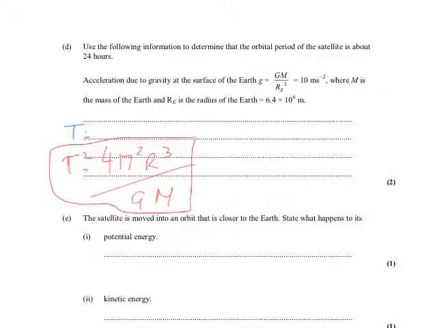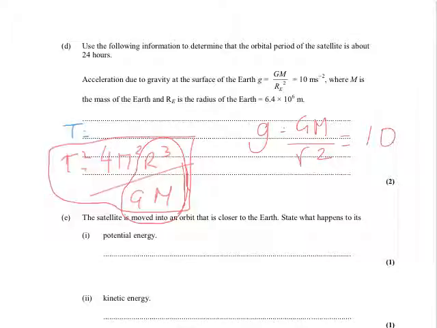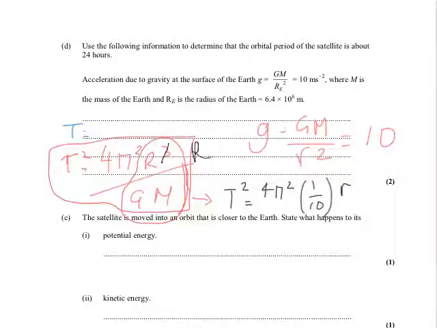Okay, so if you substitute your values in, let's look at what information we have. We have that GM over r squared is equal to 10. Now you've got the inverse, you've got GM over r cubed. So you could replace this with all of this, take 1 r, leave it there, and leave 1 r here, and get rid of the squared.